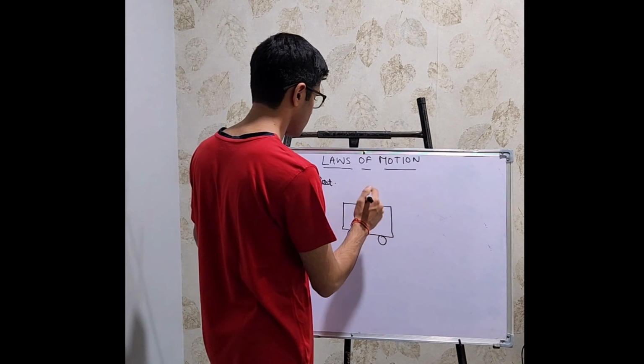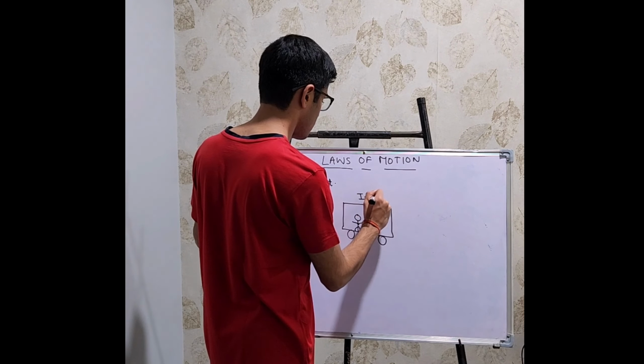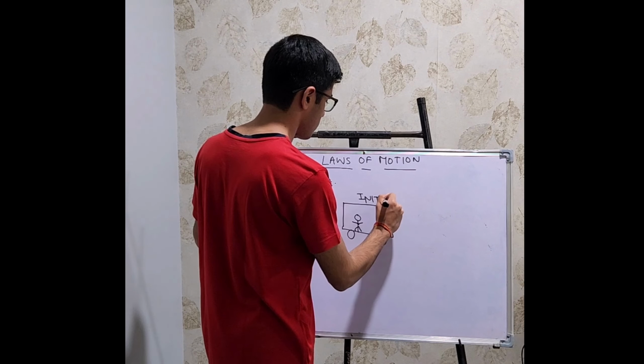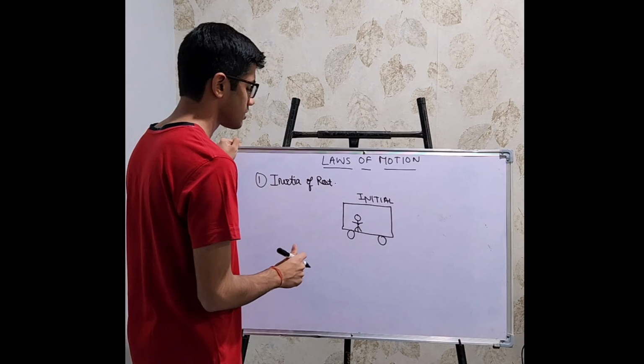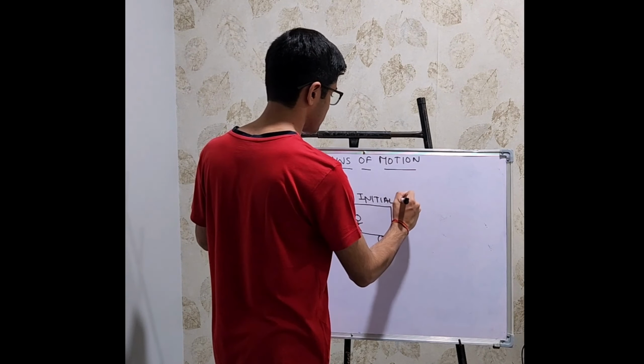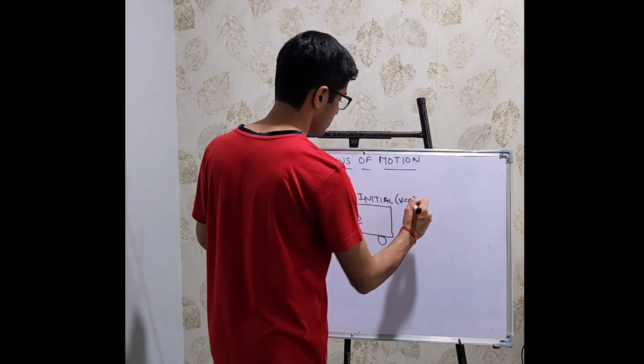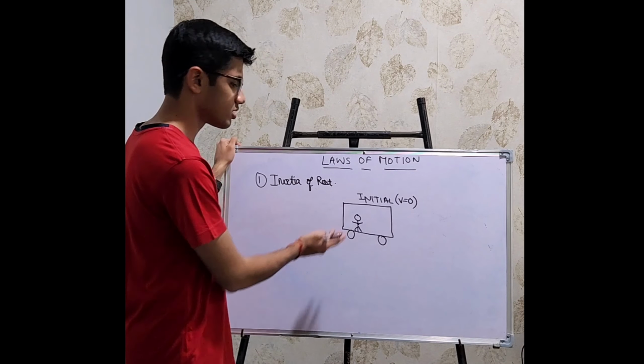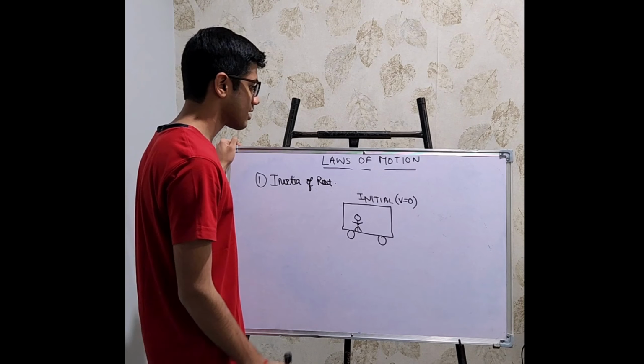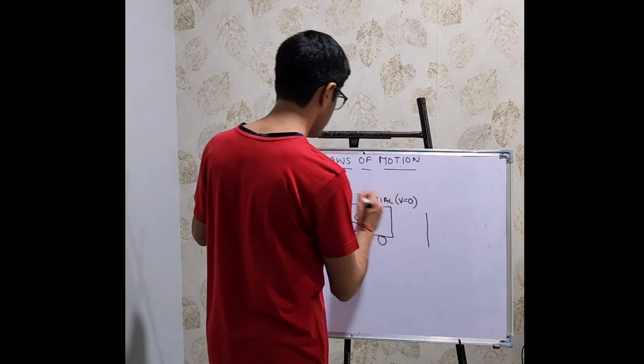This is the initial case. This bus is initially at rest, that means the velocity is 0. At rest means the passenger is also at rest.